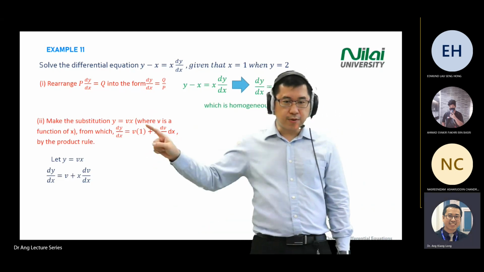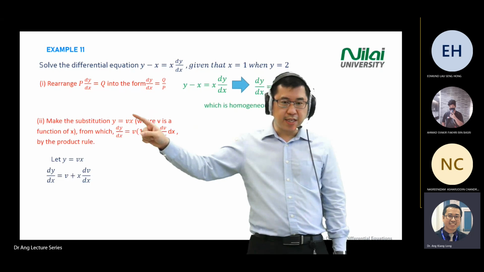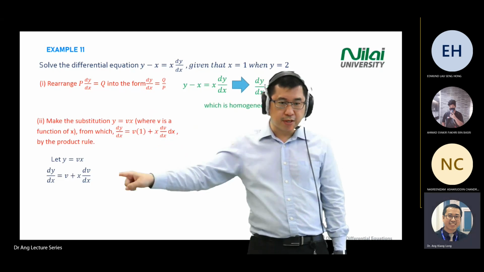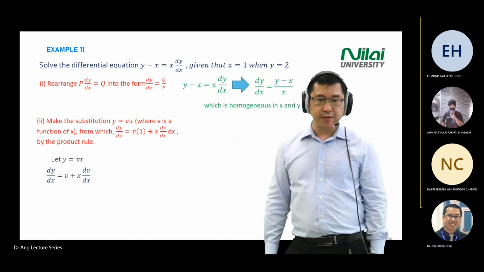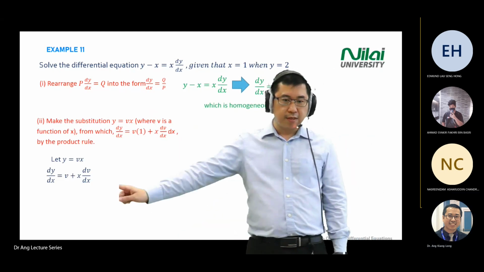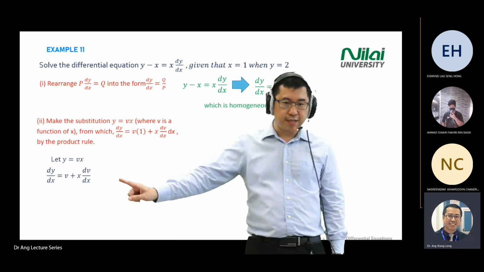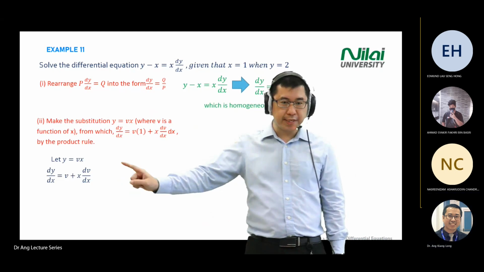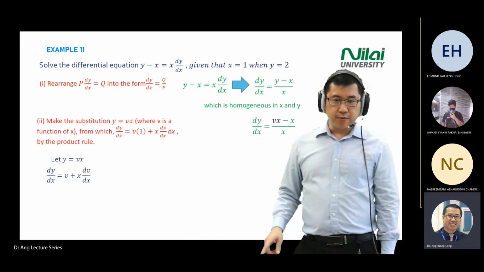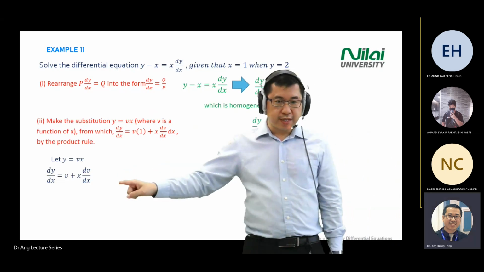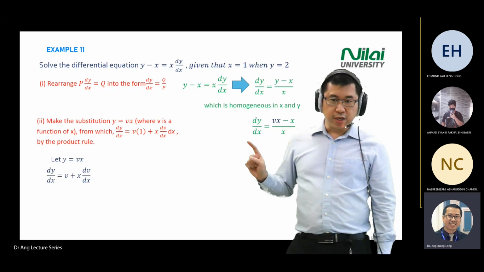Then the next one is x dv/dx. That is the product rule that we learned in chapter 2. Then you rewrite your dy/dx on one side.